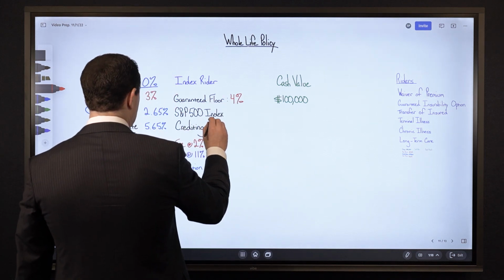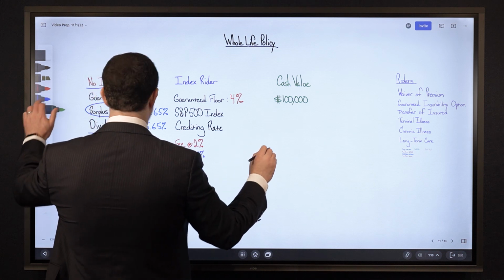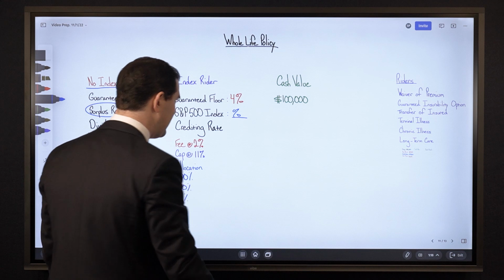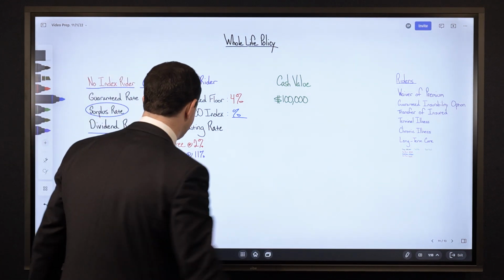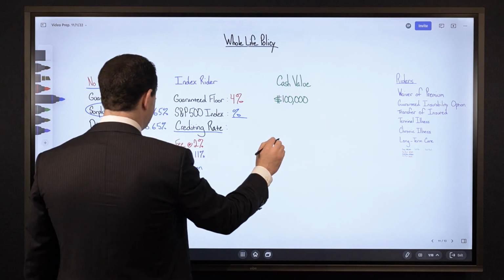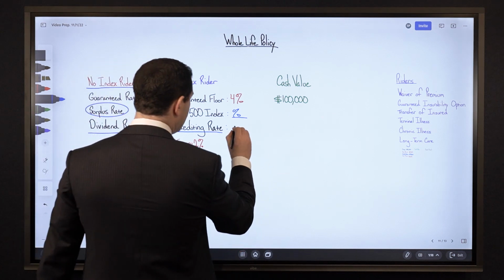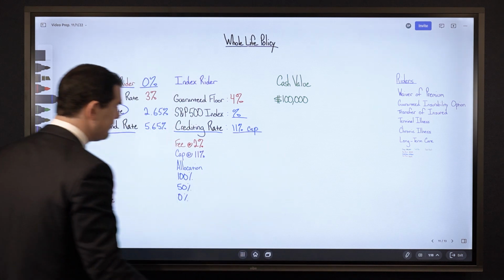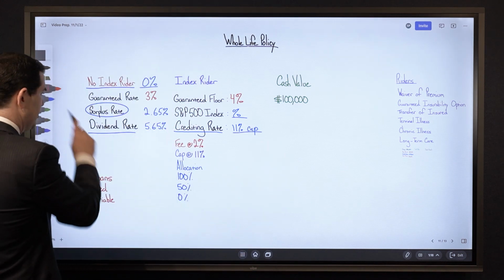What we get as far as the surplus is whatever the S&P 500 index produces. We're just going to put a percentage sign there because that's variable. And then the crediting rate is, again, whatever the S&P 500 index produces, with that 11% cap right now. Now, additional info.